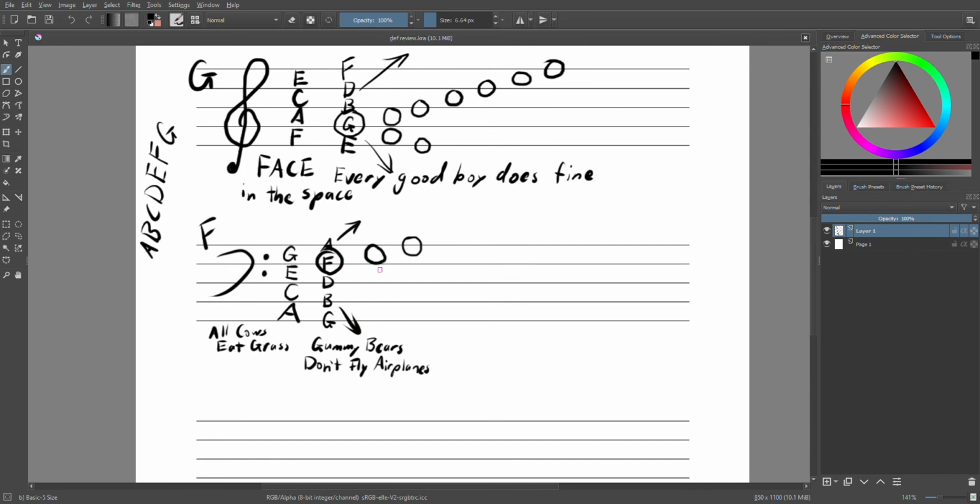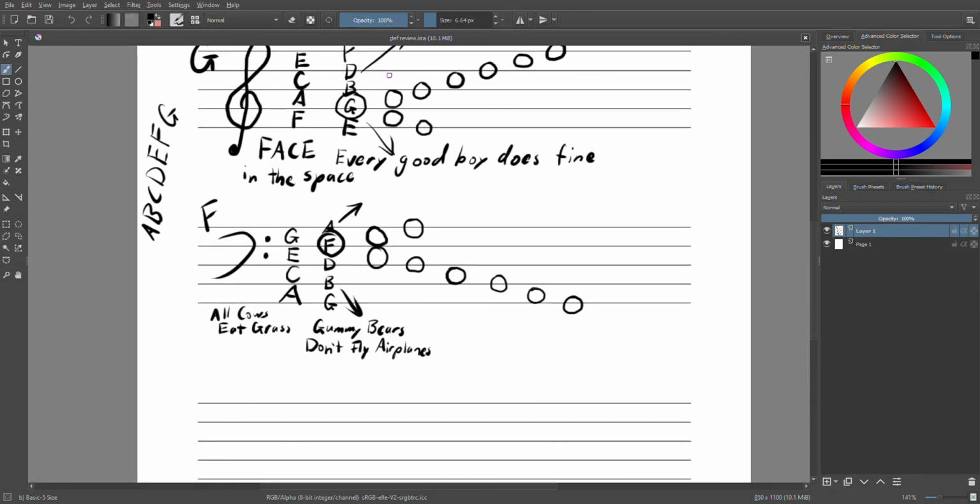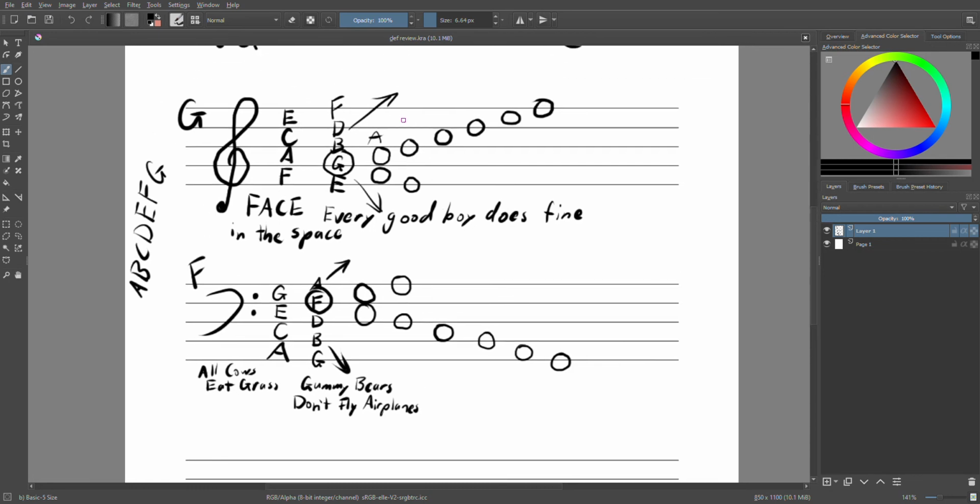Here's F. Right before F comes E, D, C, B, A, and start back over at G. So that is our way to count that. I'm going to go ahead and fill these in. There we go.